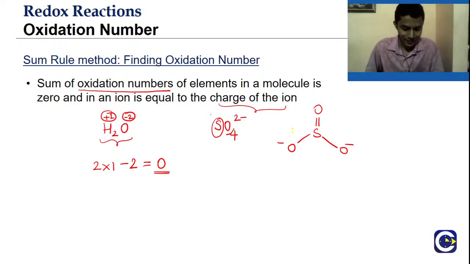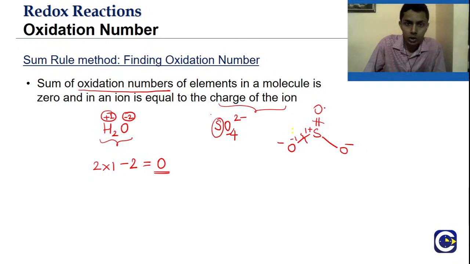Would anyone like to reply to this? Yes. If I break this bond, here +1 will come, here -1 will come. When I break this bond, both charges go to oxygen because oxygen is more electronegative, so -2 will go here and +2 will come here. When I break this bond, here +1 will come, here -1 will come.